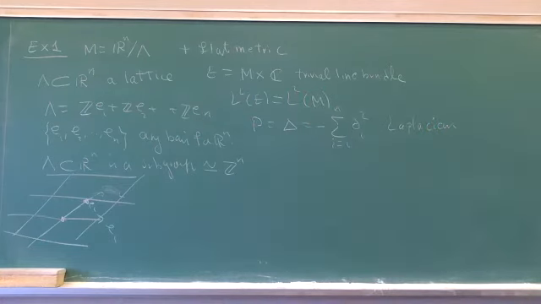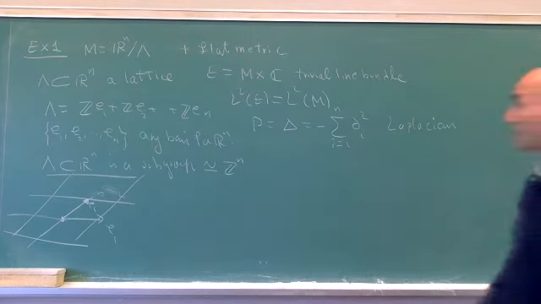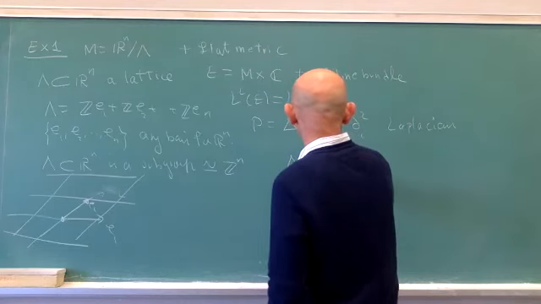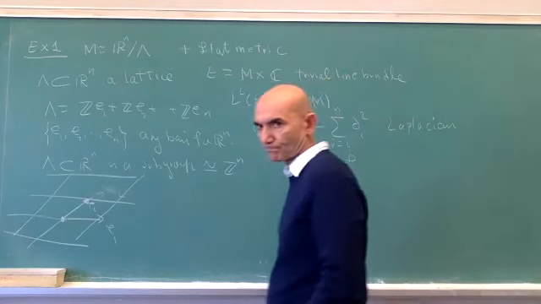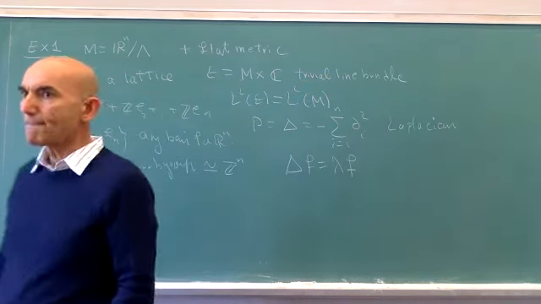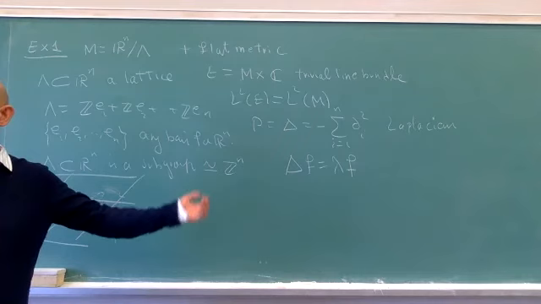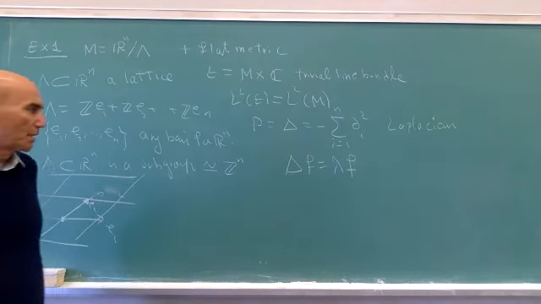Now we have to identify the eigenfunctions for the Laplacian. So we have to solve this equation: delta f equals lambda f. First of all, let me give you some solutions, and then we'll argue that these are everything.